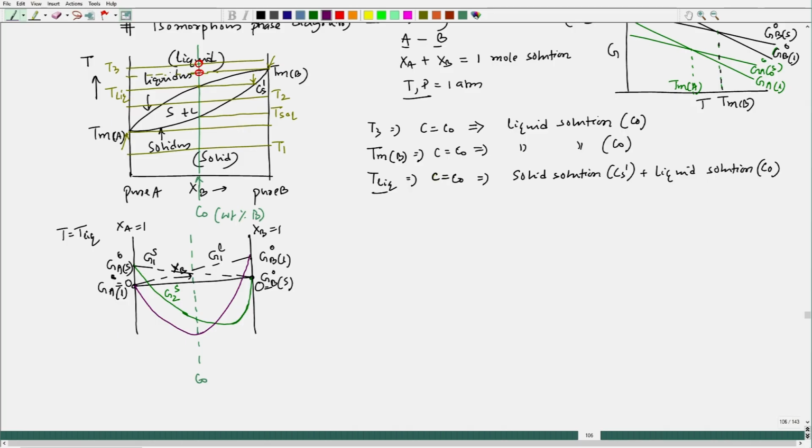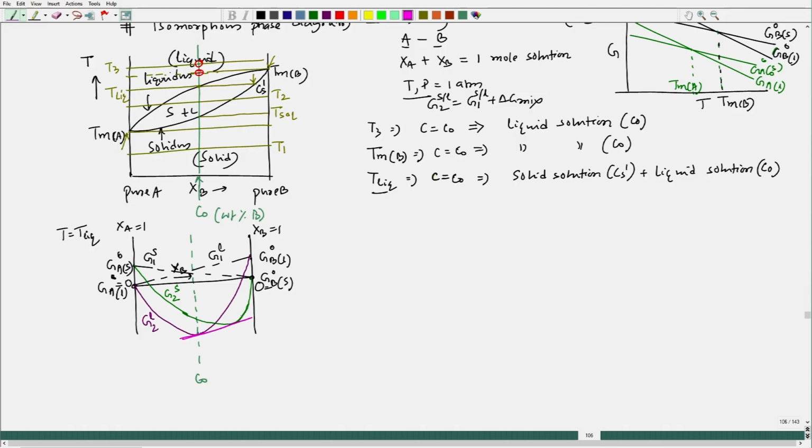Okay. So, that would be my G2 liquid, okay. And we know that G2 equal to G1 plus delta G mix, solid and liquid.